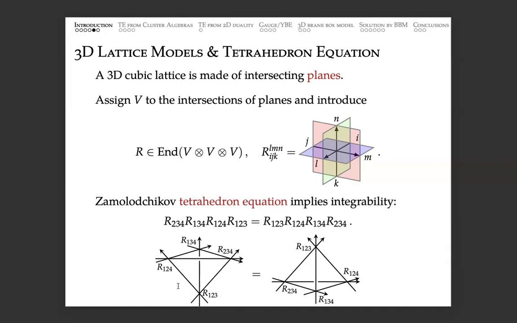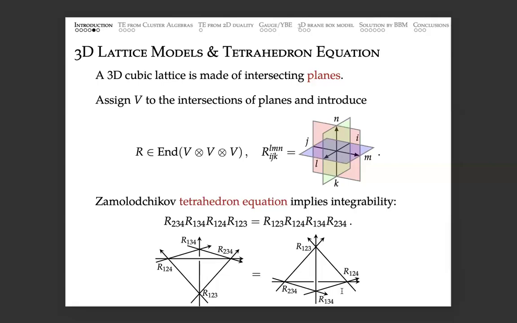So the left-hand side of this picture represents the left-hand side of the tetrahedron equation. Now, the content of the tetrahedron equation is that you take one of the 4 planes, say the one on top, which goes horizontally, and you pull it down, and then you arrive at another configuration of 4 intersecting planes, which is drawn on the right-hand side, okay?